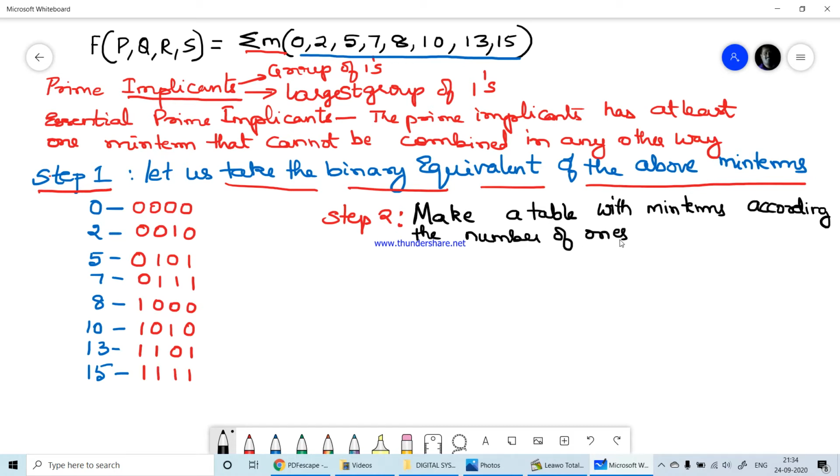I'll just explain it here. We'll have group as the first column, then min terms as the second column, then A, B, C, D.